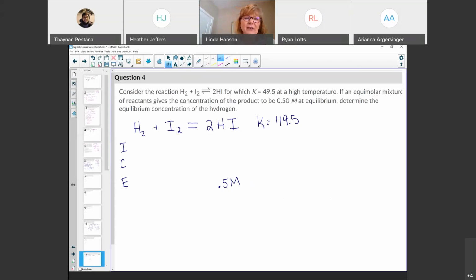Determine the equilibrium concentration of the hydrogen. So ultimately, we'd like to know X, the initial concentration of hydrogen. So I'm going to let these equimolar concentrations of iodine and hydrogen just be X. The other thing I know is that initially I have no HI.